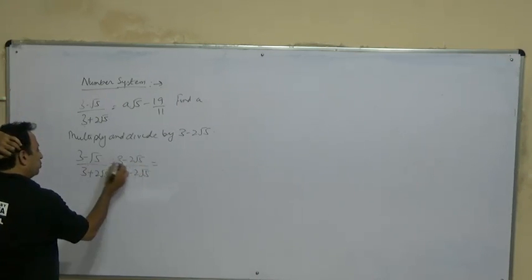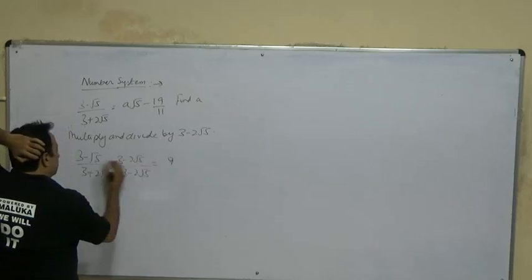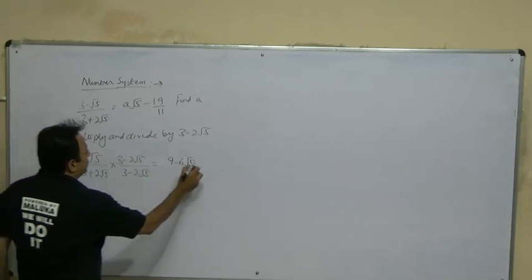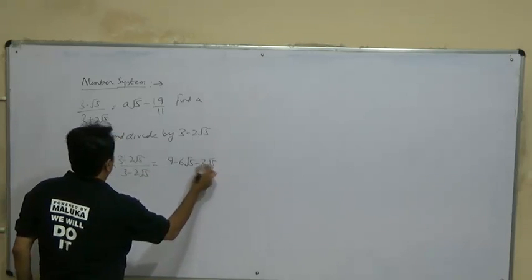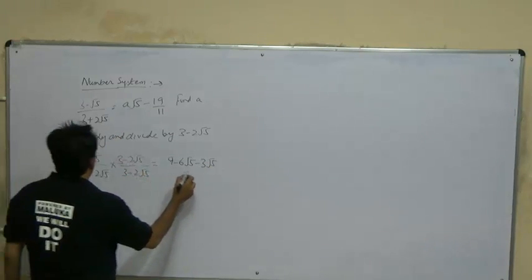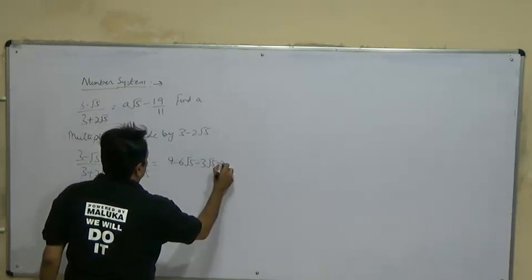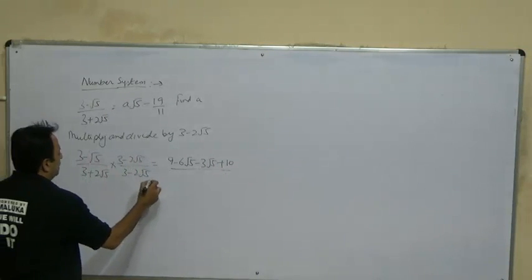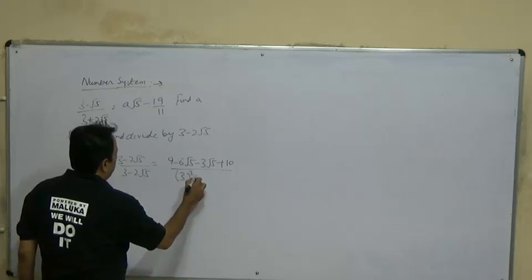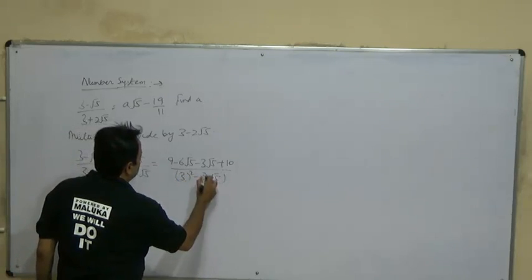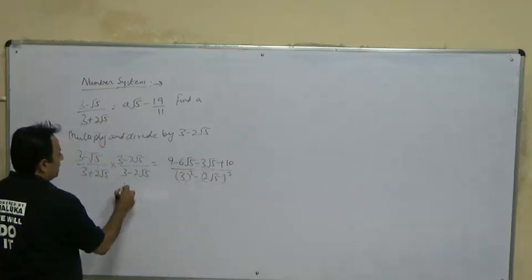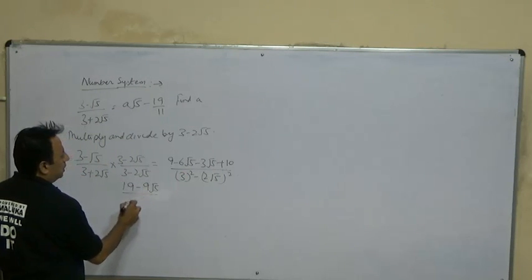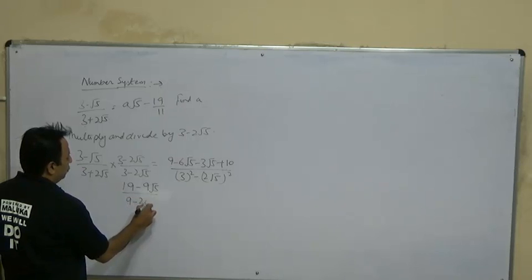Now this comes out to be 3 3s are 9, minus 6√5 minus 3√5 plus 2 into 5, 10, upon 3 square minus (2√5) square.